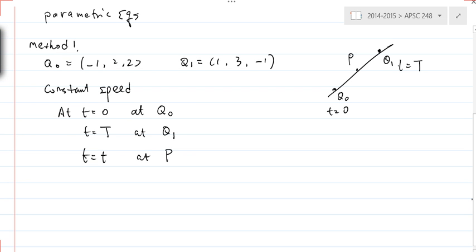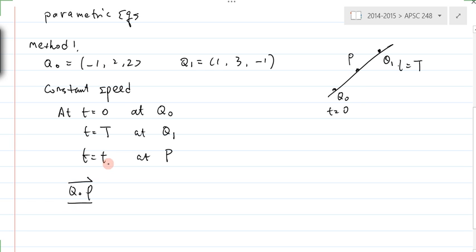Okay? So because we're assuming constant speed, what does speed mean? Speed is displacement divided by time, right? So essentially from Q naught to P, that's a displacement. Divided by, from Q naught to P, how much time did it take?